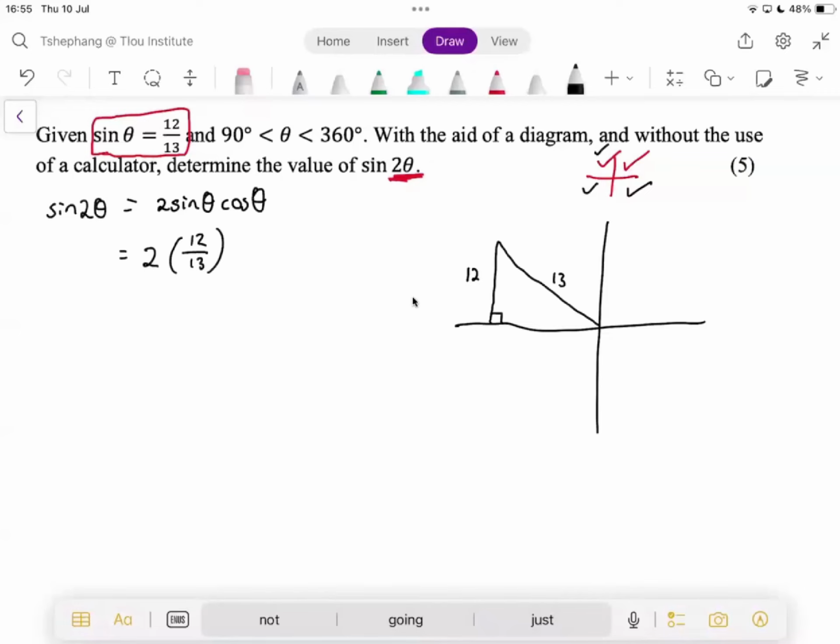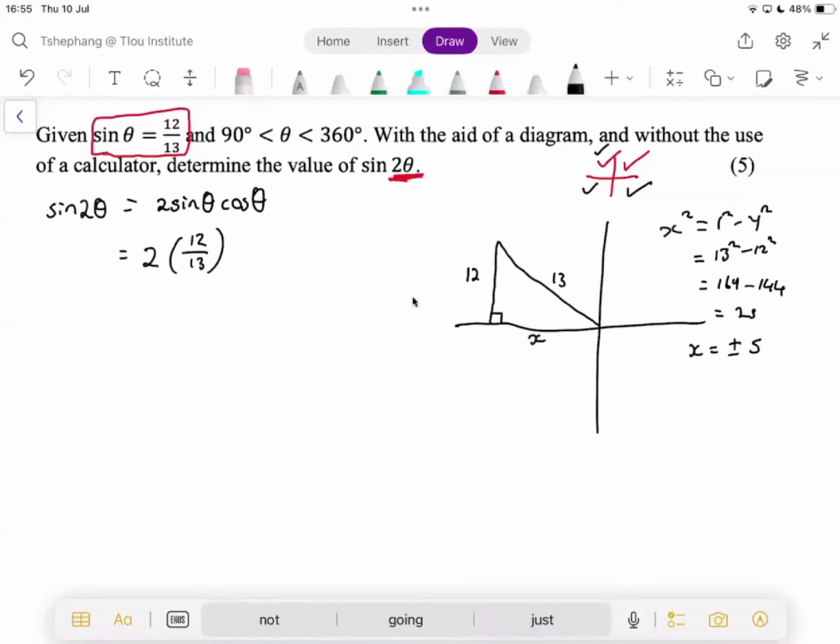But now we are stuck. We need to find cos. Cos is x over r. We don't know what the x value is, but we know that x squared is equal to r squared minus y squared. 13 squared minus 12 squared, 169 minus 144, 25, x equals plus or minus 5.